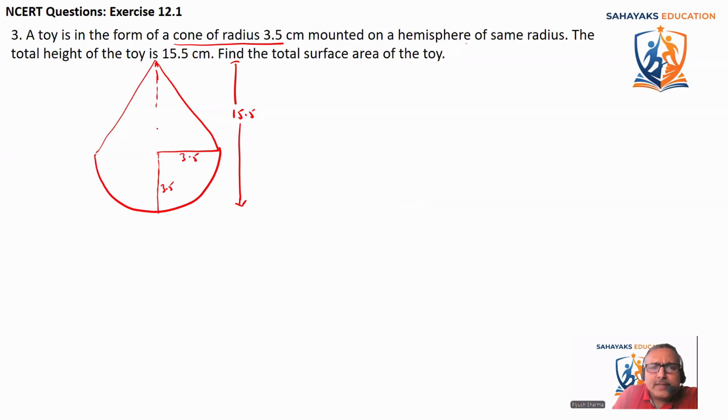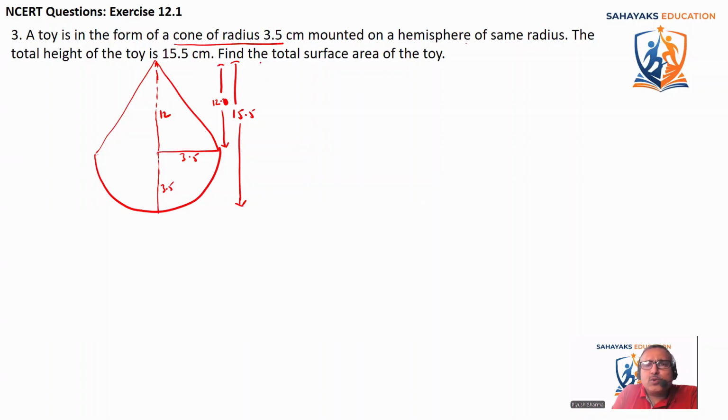The height is 15.5 minus 3.5, which comes out to be 12. The height comes out to be 12.